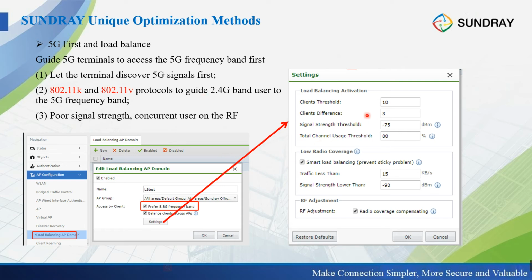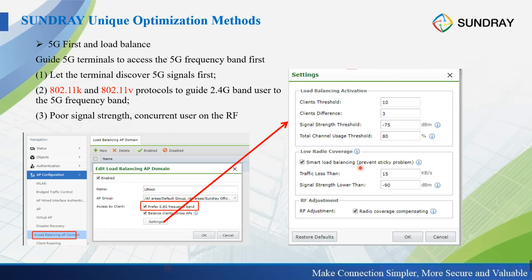And also for load balancing, we have these conditions. If the client threshold is more than 10, that is, this AP connects more than 10 concurrent users, and the difference with another AP is bigger than 3, and the signal strength is bigger than negative 75, and the channel usage is smaller than 80%, we can do the load balance.